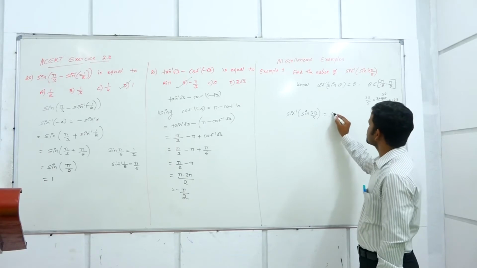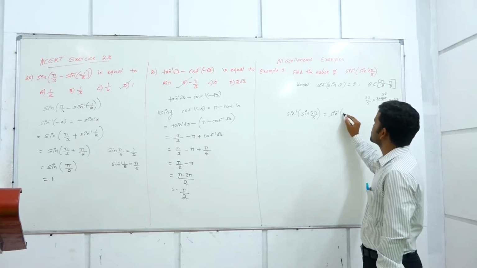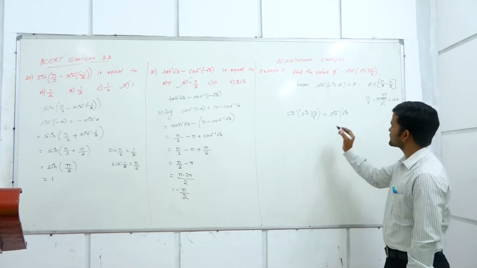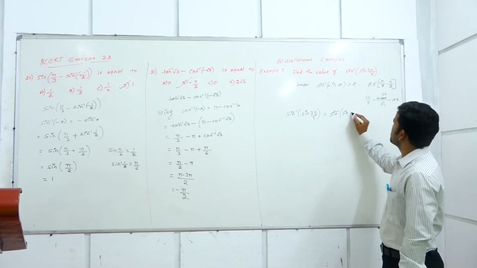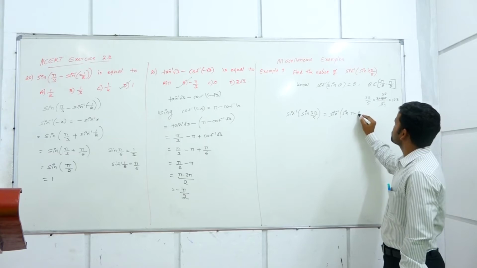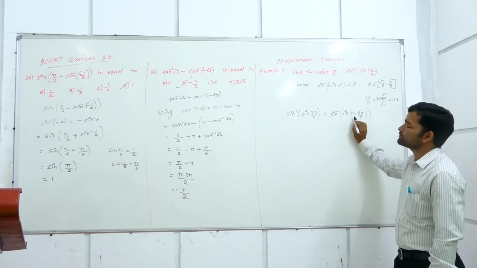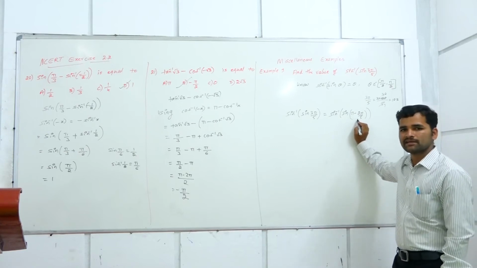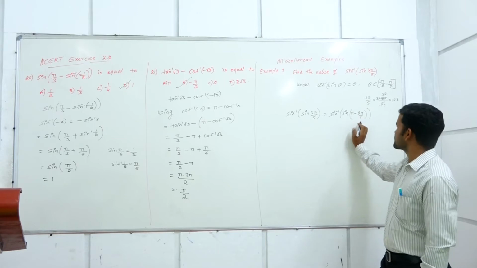How? Sine inverse of sine of this 3 pi by 5 is there now. I will write it as pi minus 2 pi by 5. If you cross multiply, again it becomes 3 pi by 5 only. Fine, correct.